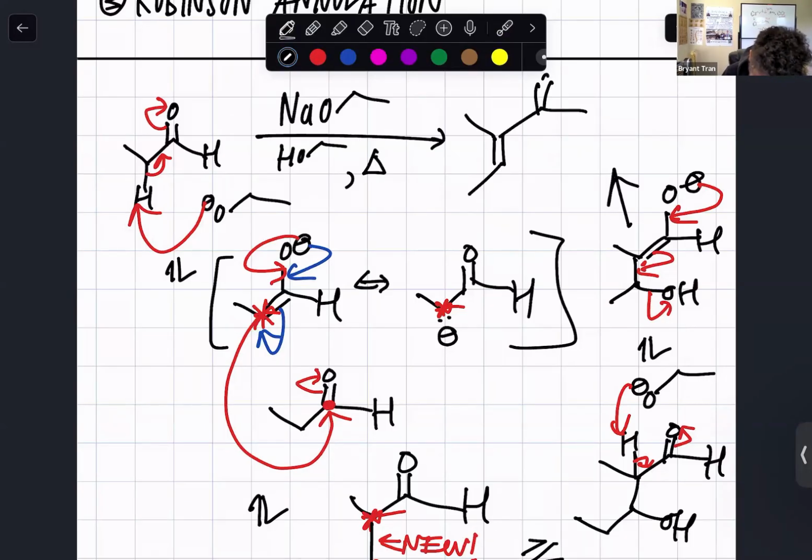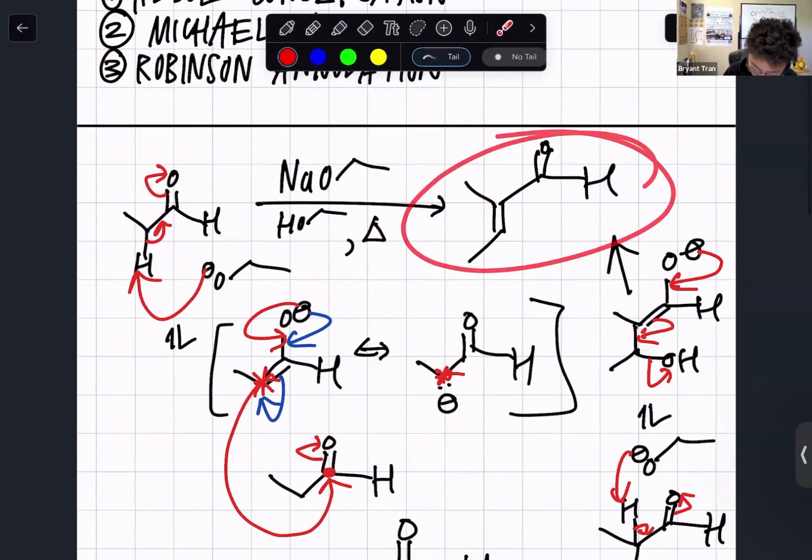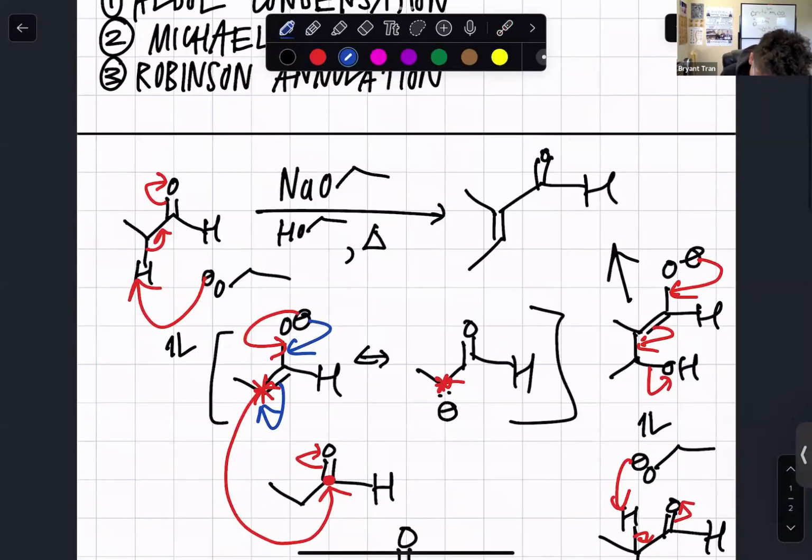And this is going to be our final product for this self-aldol condensation reaction, right? And we could specifically call this an alpha beta unsaturated carbonyl, right?